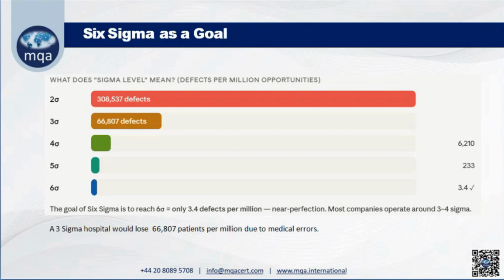But what they inculcate as a culture, as a habit in the organization, is to follow this model, a structured method for bringing in quantum improvement, large improvement in the identified project, in the identified process.